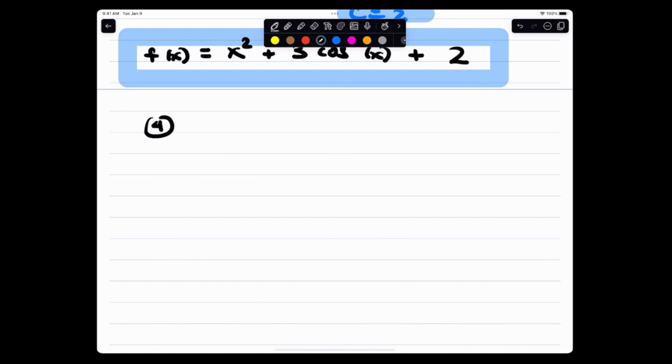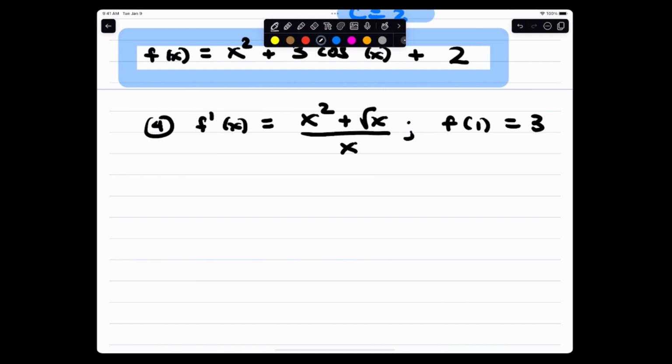So number 4 here in that sheet is a sort of scary question like they gave you yesterday. And then they apply the condition here that when x is 1, when the input's 1, the output is 3.